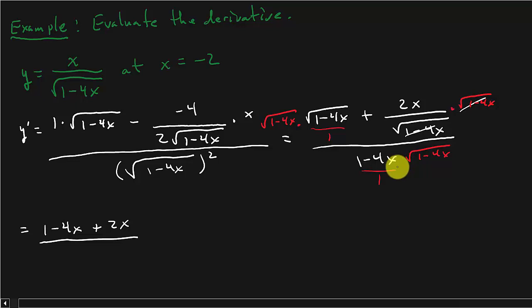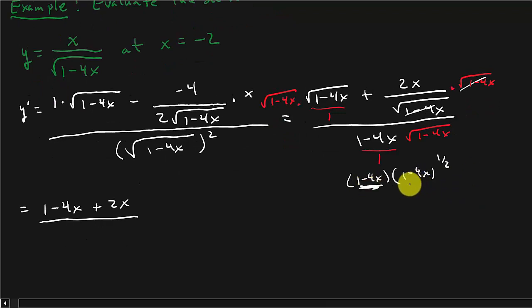And then, now look, think of this part right here. This is 1 minus 4x times 1 minus 4x to the 1/2. What happens when you have like bases? That's 1 minus 4x. That's the exponent of 1. And that's 1 plus 1/2, which is 1 minus 4x to the 3/2.